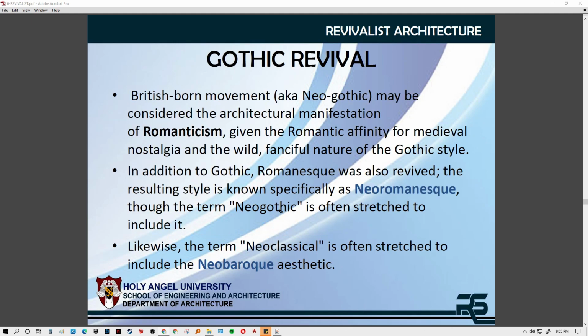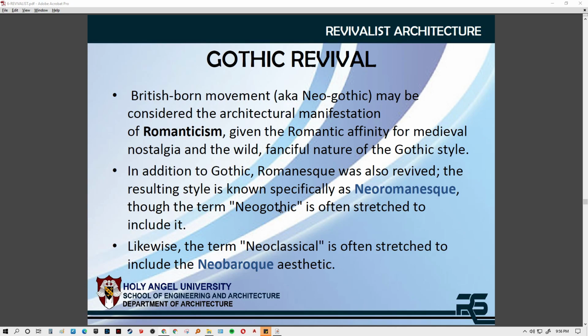This movement was born manifesting Romanticism, and the aim of all this revival, or the revivalist style, is to give medieval nostalgia for each of the periods or eras that we had tackled, mostly Gothic and Romanesque.